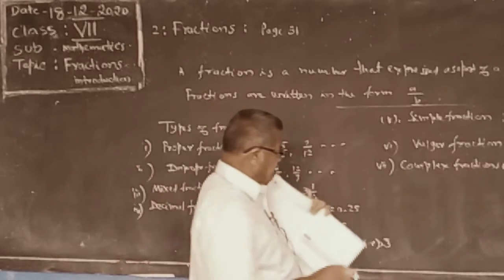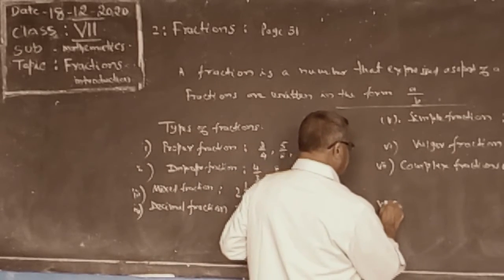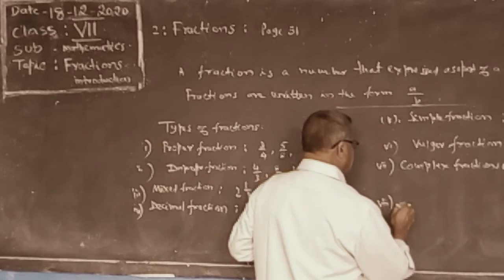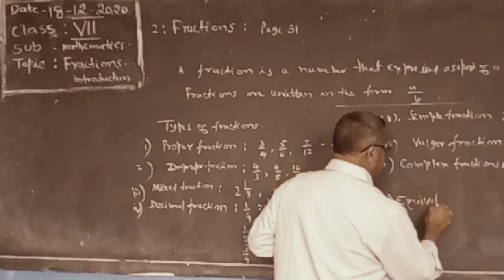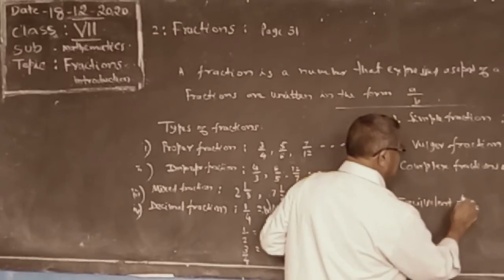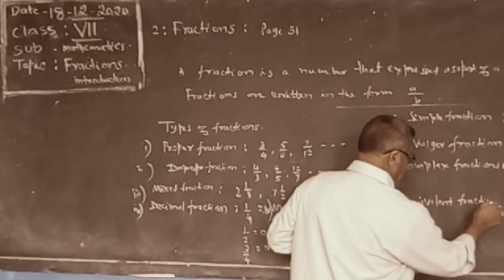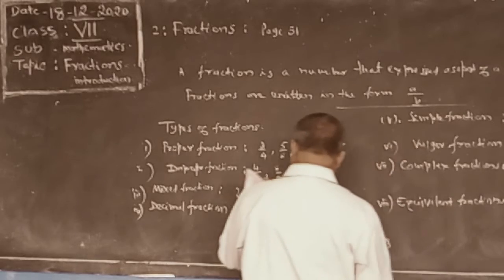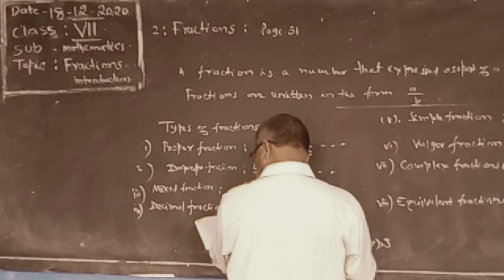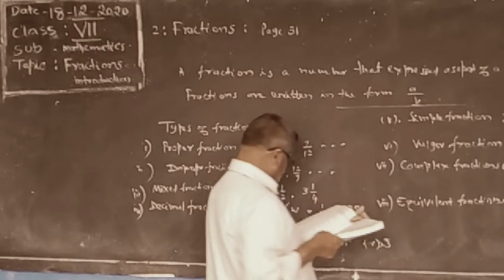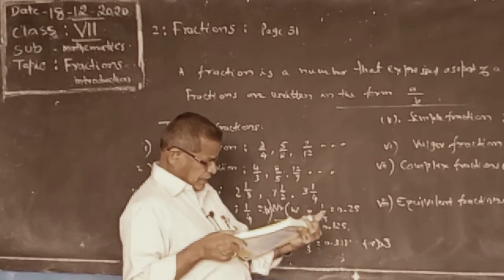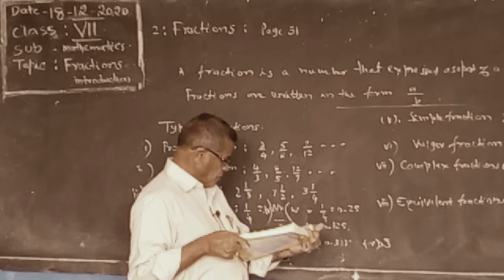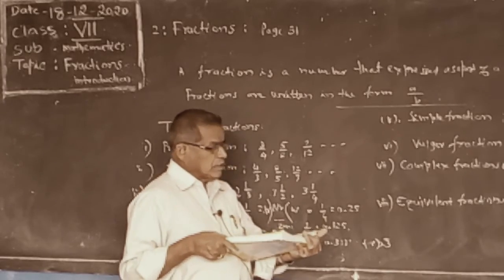Next, equivalent fractions. Equivalent fractions can be formed by multiplying or dividing the numerator and denominator of a fraction by the same non-zero number.